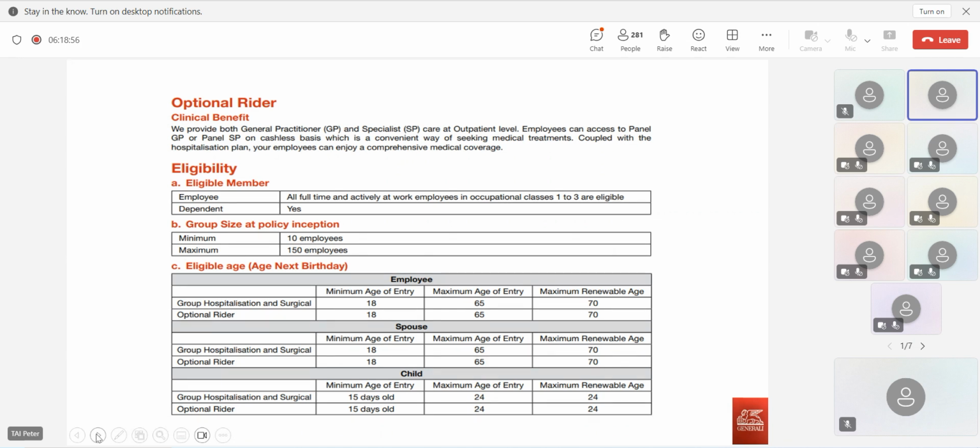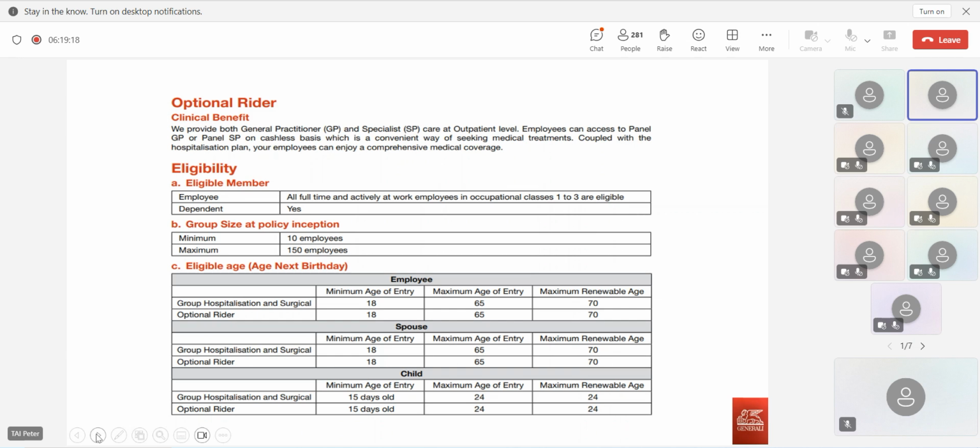But if it's got a card, it's like free visitation. Of course, everybody will abuse it. So for the lower ranking staff, normally this clinical benefit is not given. Okay, so these are all the conditions.